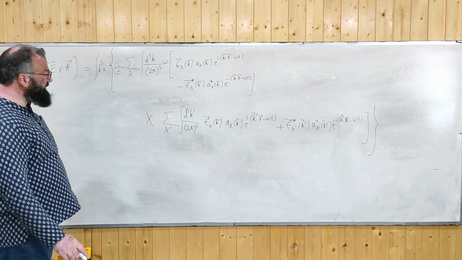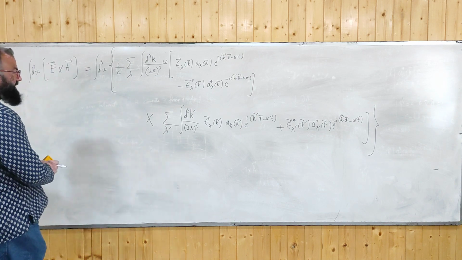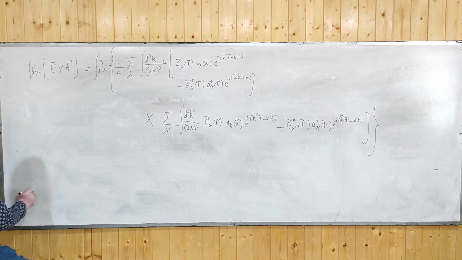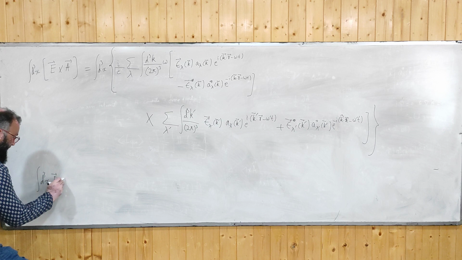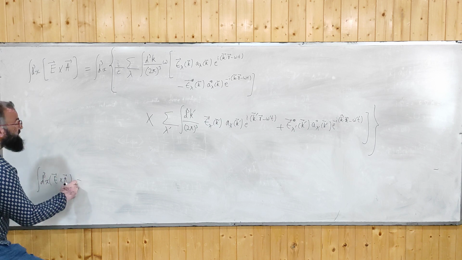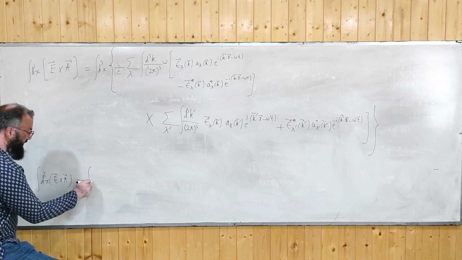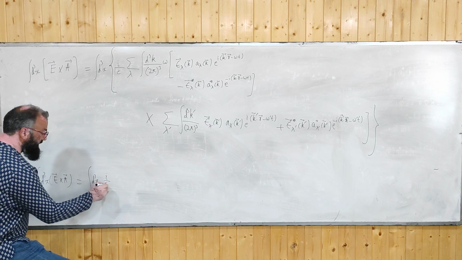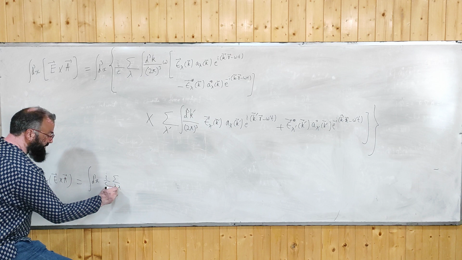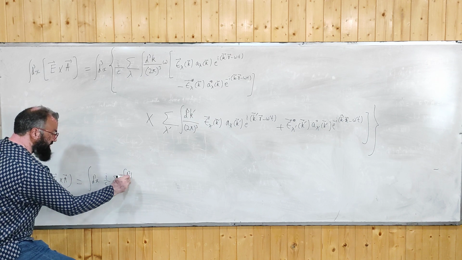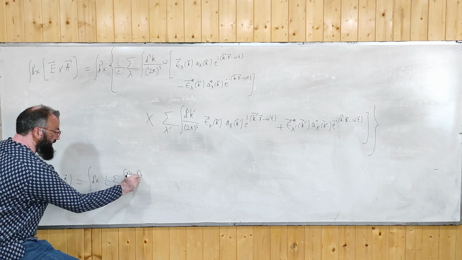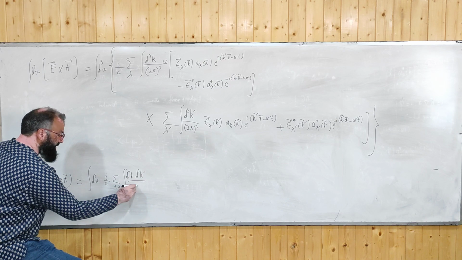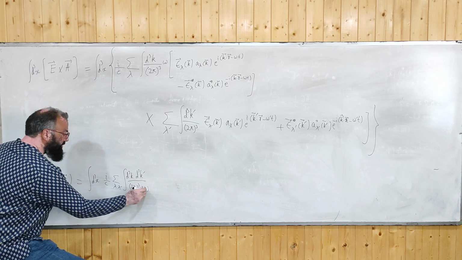Okay, so let me multiply. Let me write that step downstairs. So it is E cross A, that's equal to integration over x. You are having i by c, summation over lambda, lambda prime, integration over d3k, d3k prime, 2 pi cube.